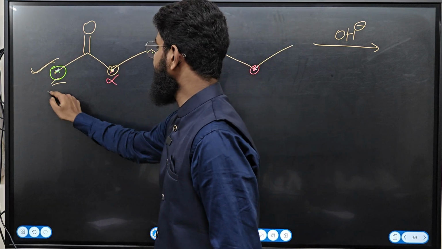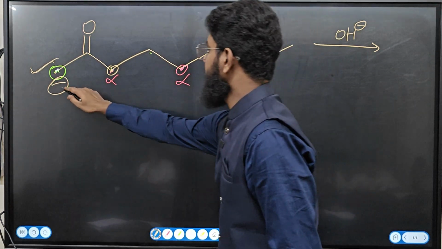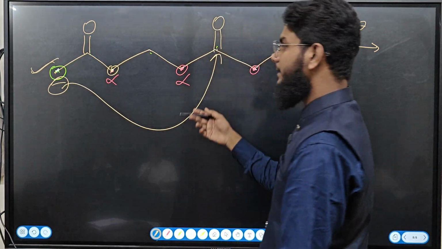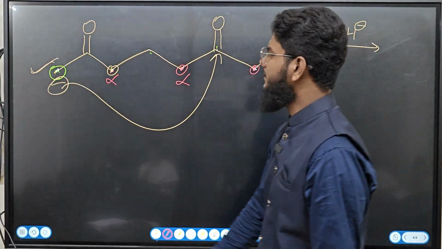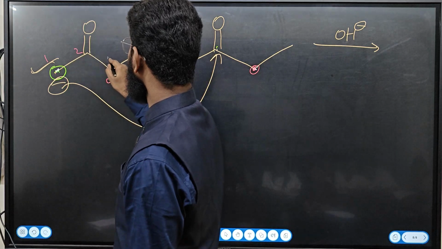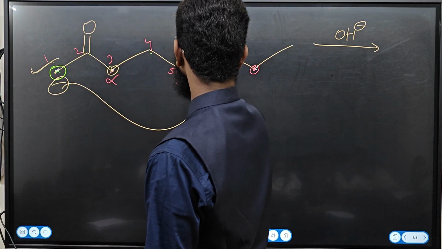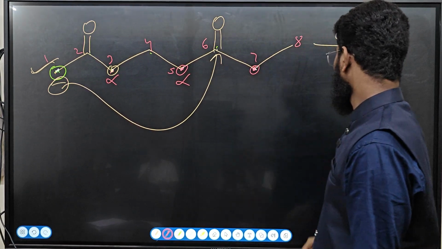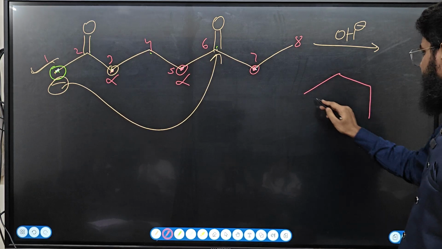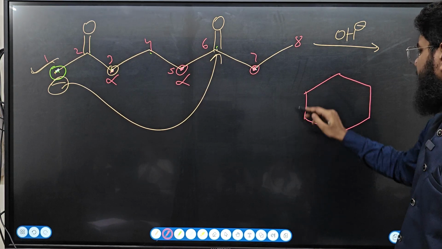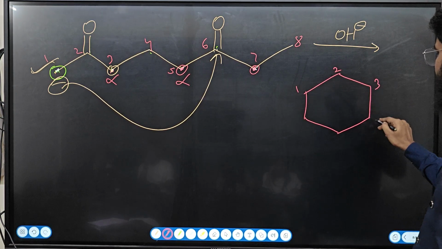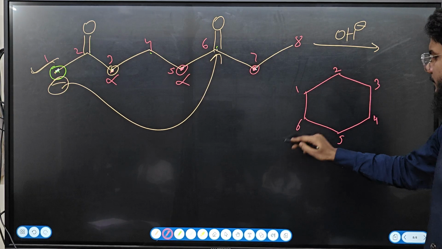So here you will get a negative sign, right? This negative will attack on this position. You will get a 6-member ring. Give the numbering from here 1, 2, 3, 4, 5, 6, 7, 8. Draw a 6-member ring and give numbering 1, 2, 3, 4, 5, 6.